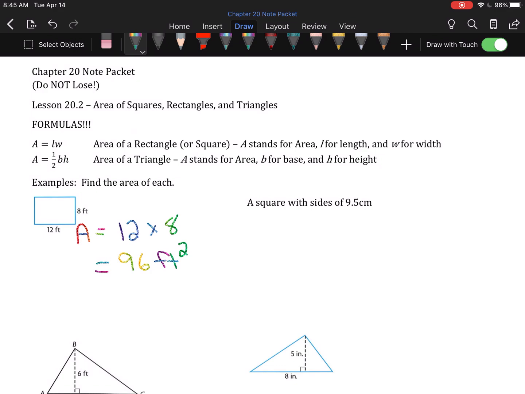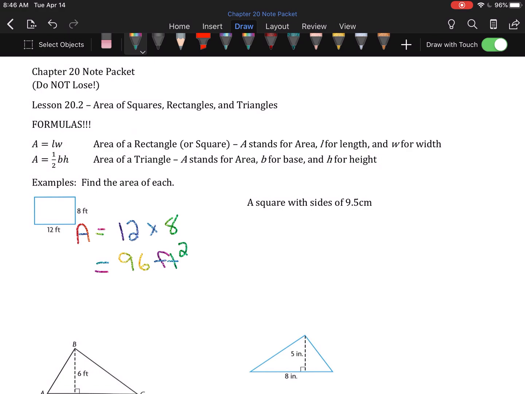So it's not 96 feet, it's 96 feet squared, or 96 square feet. The exponent of 2 is not telling you to actually square anything. It's just a name for the unit of measurement to represent that we're doing an area instead of a linear distance like perimeter. Okay, so 96 feet squared.